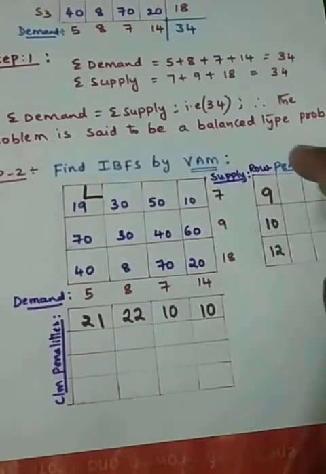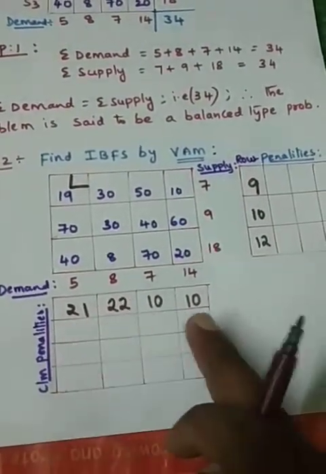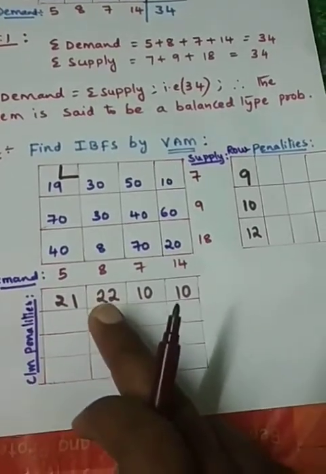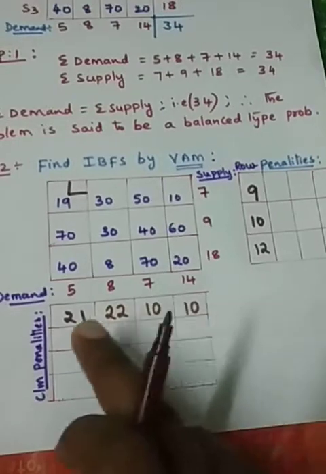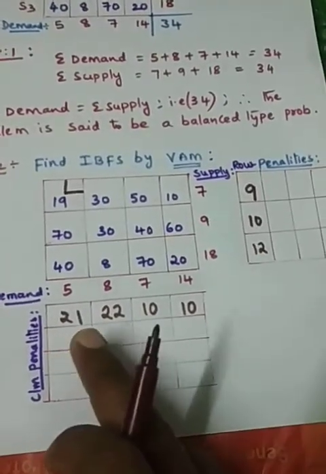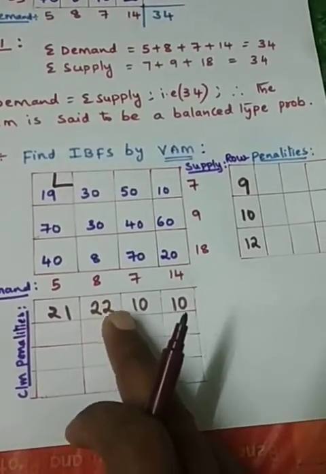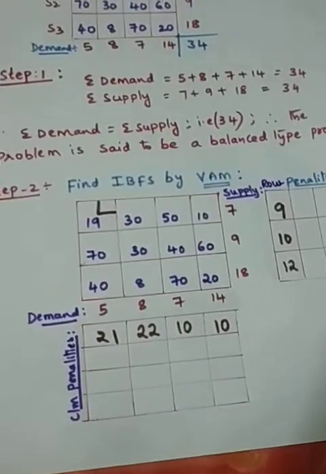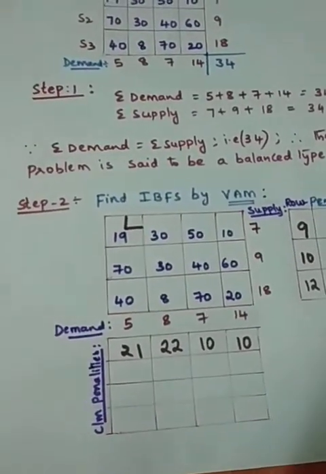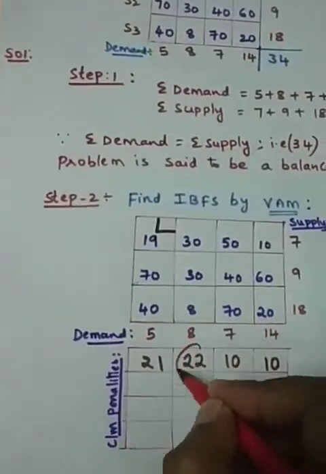Among the calculated penalties, now you need to identify the highest penalty or the maximum penalty. So here we have 9, 10, 12, 21, 22, 10 and 10. Among these penalties, we observe that the highest penalty is 22. So now I give priority to the second column, that is 22 here.